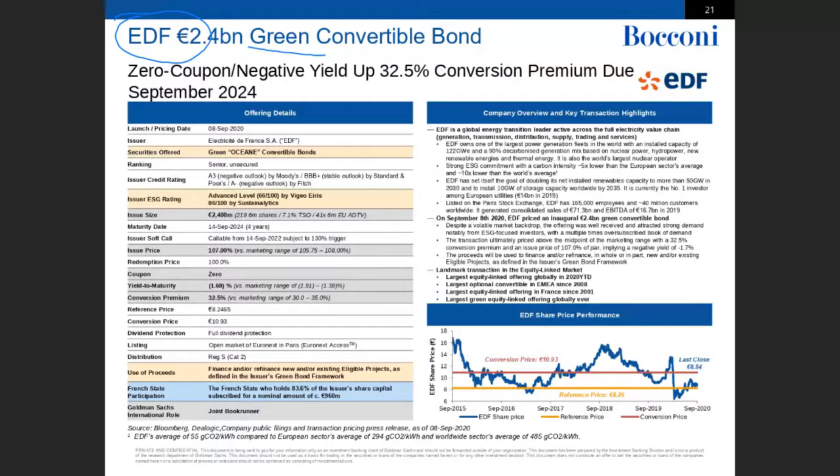In other words, investors will ask these things, and if you respect these things, they are happy to agree on better terms and conditions. In the case of EDF, it was a green convertible where the terms and conditions in the marketplace were priced, taking into account all these ESG elements.